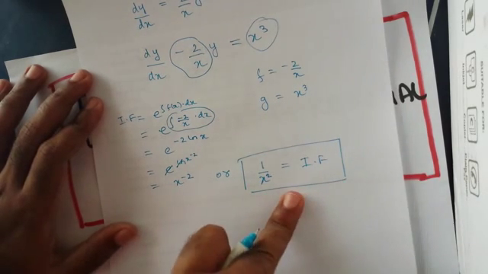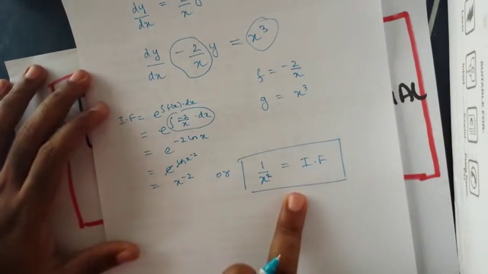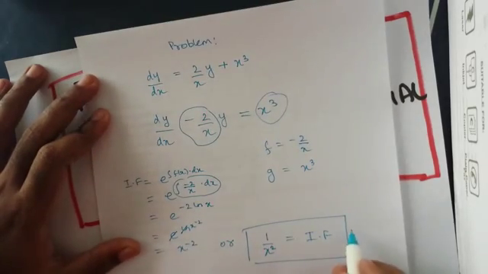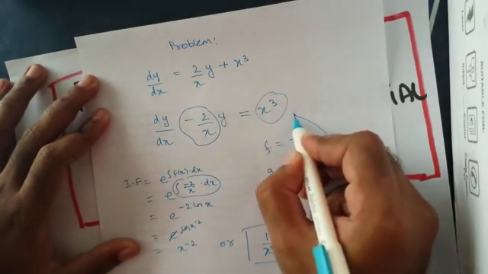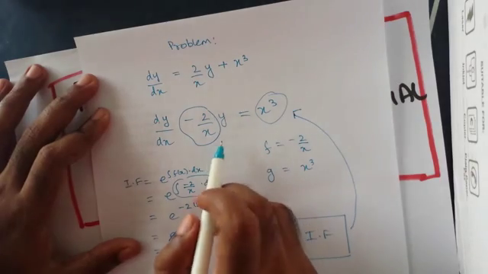Once we have our integrating factor, we simply multiply this factor with our original equation that we transformed into a linear differential equation.